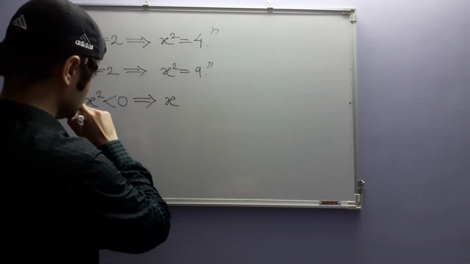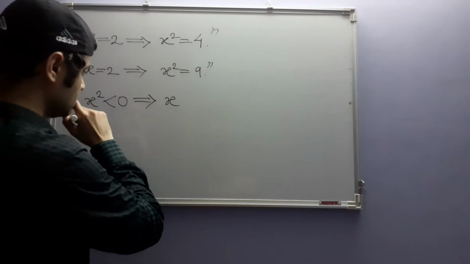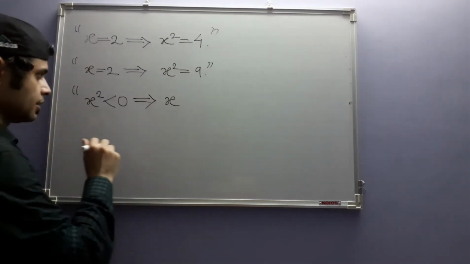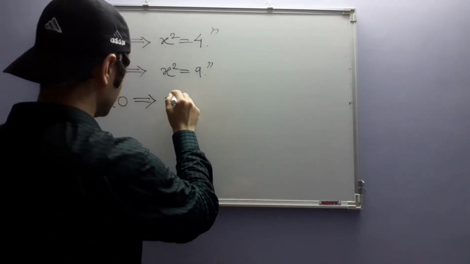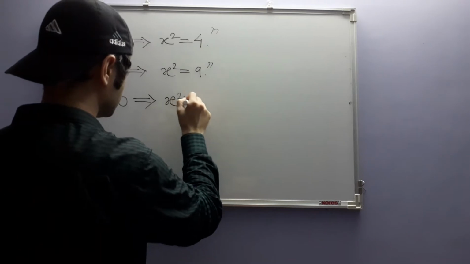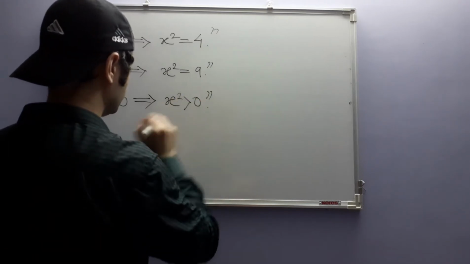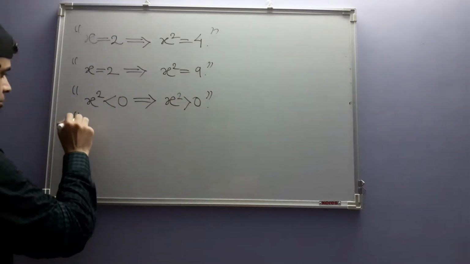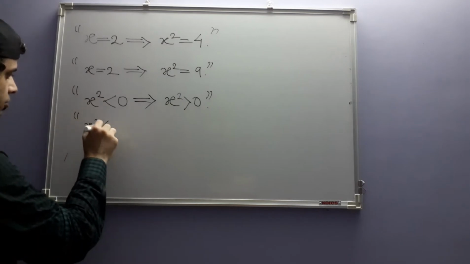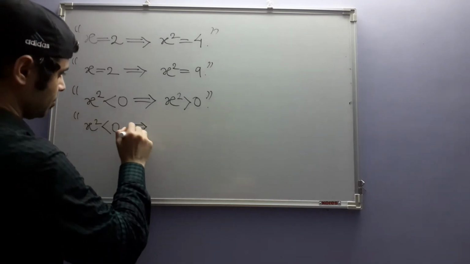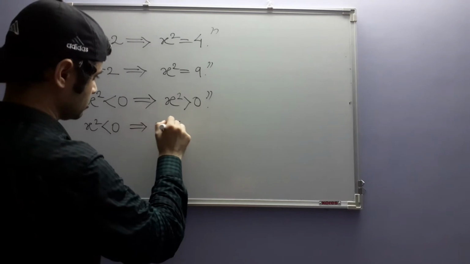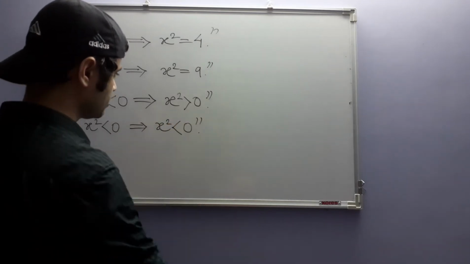Or what should I write? x squared is less than 0 implies x squared is greater than 0. x squared is less than 0 implies x squared is less than 0.